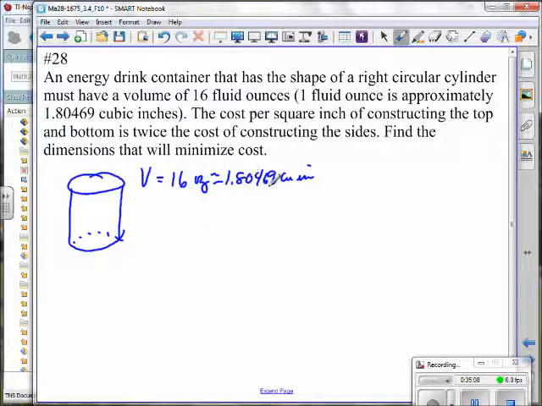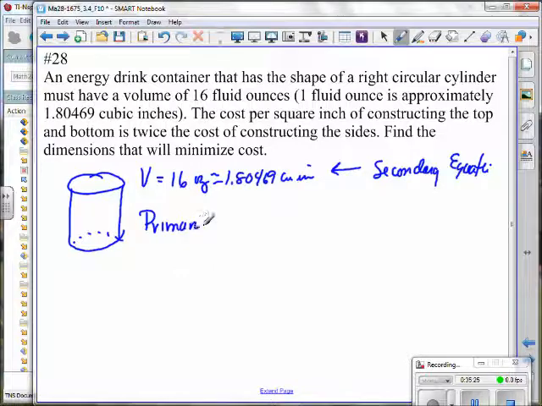Is this going to be our primary or secondary? Yeah, I think I heard someone say secondary. What is our primary equation going to be? In words. You don't have to have it out in letters and numbers.